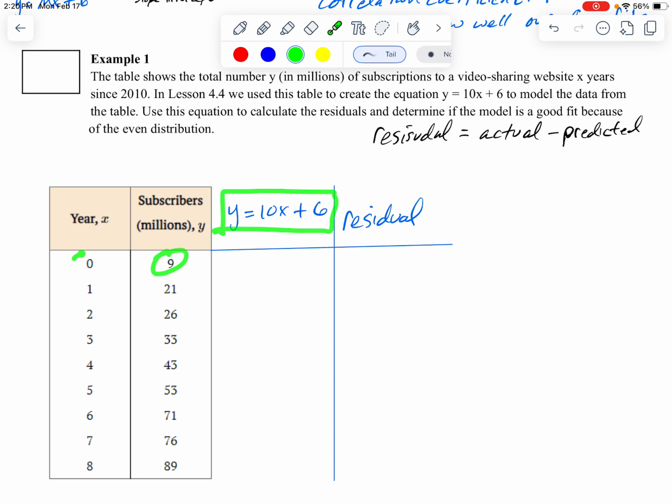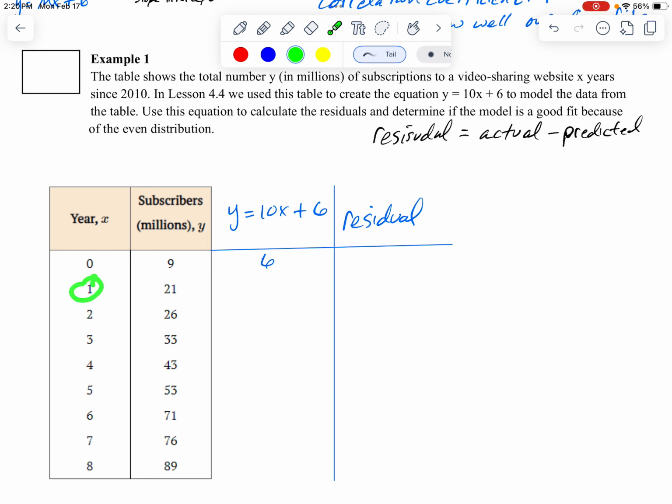So in other words, when x is 0, I'm going to plug 0 in for x, and I'm going to solve for y. So this would be 10 times 0, which is 0, plus 6. So this first value would be a 6. In other words, if we're using this line to predict values of y, we would get 6. And we're just going to keep doing that. And these actually work out really pretty nicely because of this 10x.